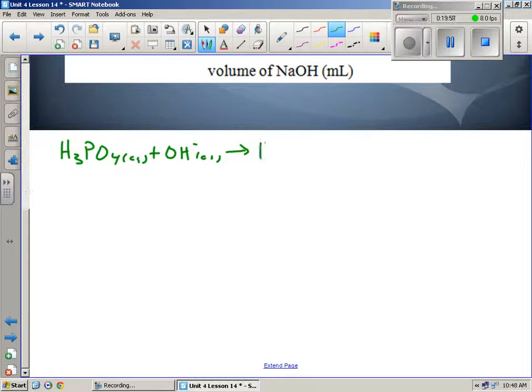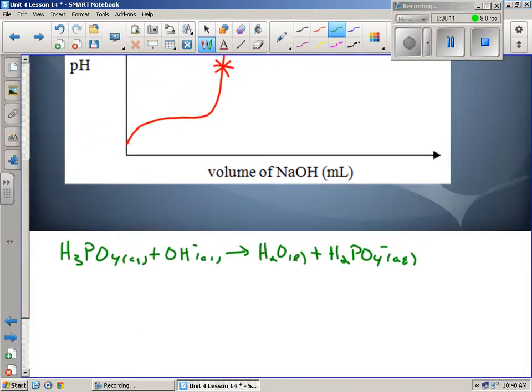I'm going to get water and H2PO4 minus. Okay? And of course, the part that I'm talking about would refer to that point right there, yes? Okay? I just don't think I'm going to have enough room, guys, because I just don't. Okay? Is that good? H plus is dominated by the phosphoric acid, so it goes to the water.